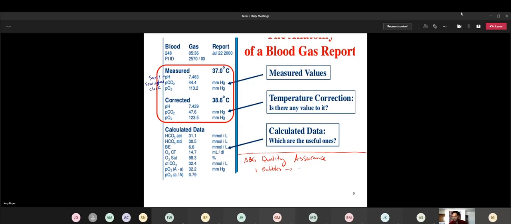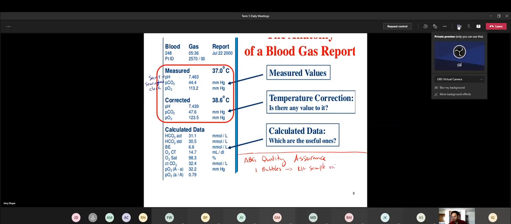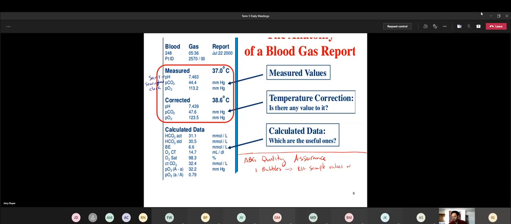I'm going to write here, room air sample. So your room air sample is going to be affected.